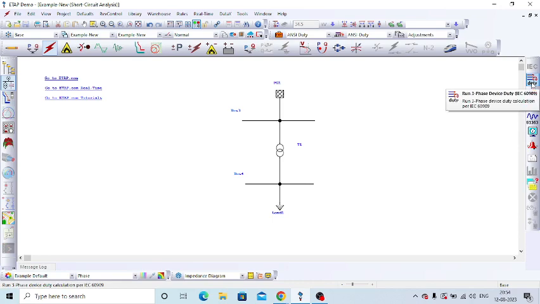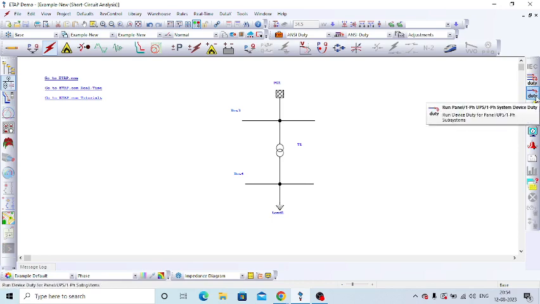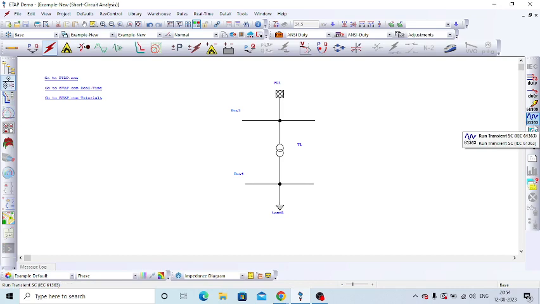On the right side there is duty. Run three-phase device duty, then run panel single phase, UPS single phase system. Then the next one is the IEC 60909 fault current. Then the next one will be IEC 61363. This standard normally we are not using.